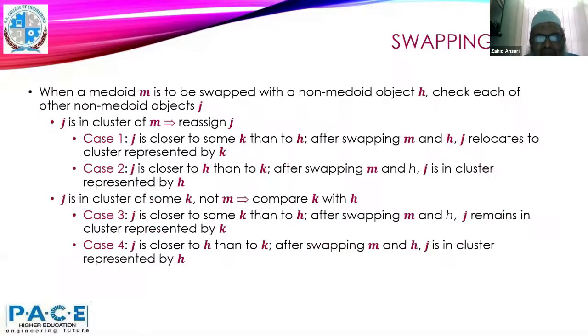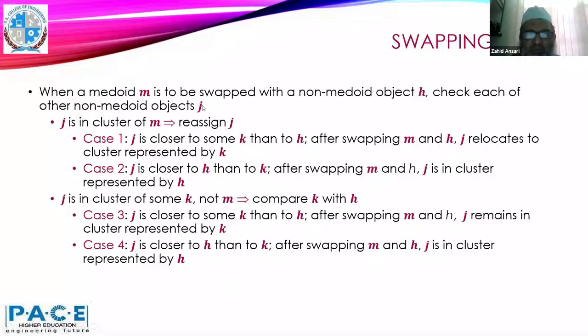Now, in this again, there are four scenarios. When a medoid M is to be swapped with a non-medoid H, check each of the other non-medoids. How do we compute the swapping cost? In order to compute it, we need to see all the other objects also. We have the medoid M, and the non-medoid object H which we are looking at for swapping.